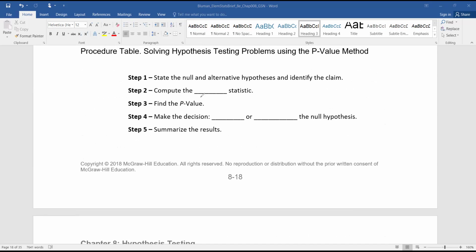Step 2: compute the test statistic. Step 3: find the p-value, the probability of the area under the curve corresponding to your z-score. Step 4: make the decision to either reject or not reject the null hypothesis, and then summarize the results of your findings.